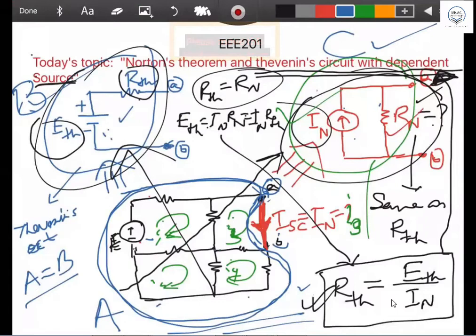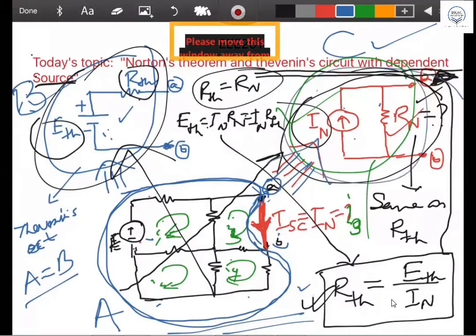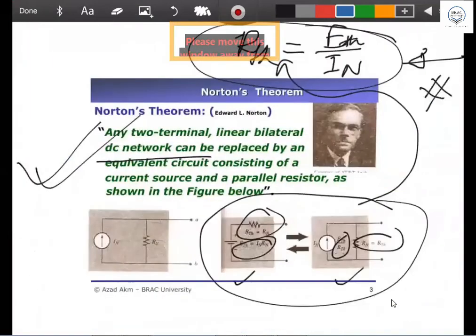That means for the circuit inside the blue contour, we find the Norton equivalent. And how? We find R Norton exactly the same way we found R Thevenin, and then we find I Norton. How to find I Norton? We short the AB terminal and find the short circuit current. These are the two things we have to find every time. That is the way we find the Norton equivalent.